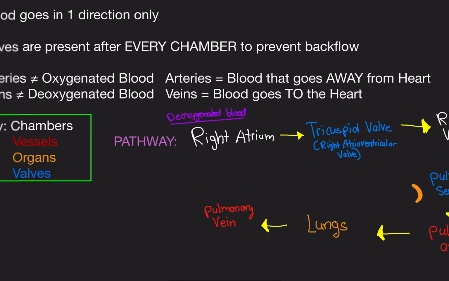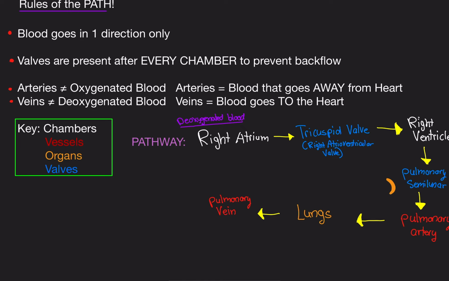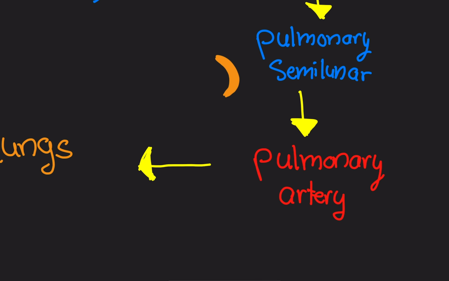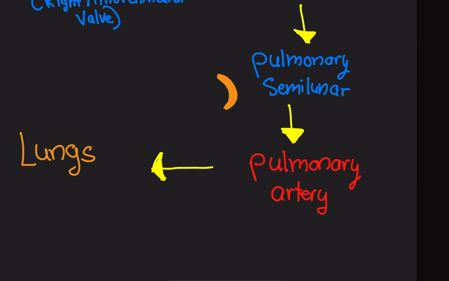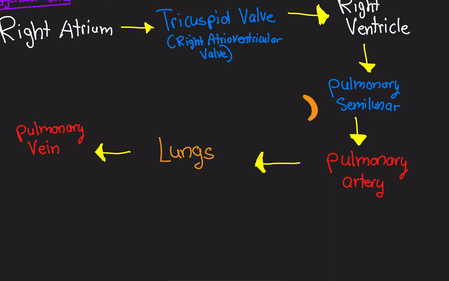Do you remember how I said that arteries do not always have oxygenated blood and veins do not always have deoxygenated blood? I'm going to prove it right now. The pulmonary artery here, we're going to the lungs to pick up oxygen. The blood in the pulmonary artery has no oxygen in it because we have yet to go to the lungs to pick up the oxygen.